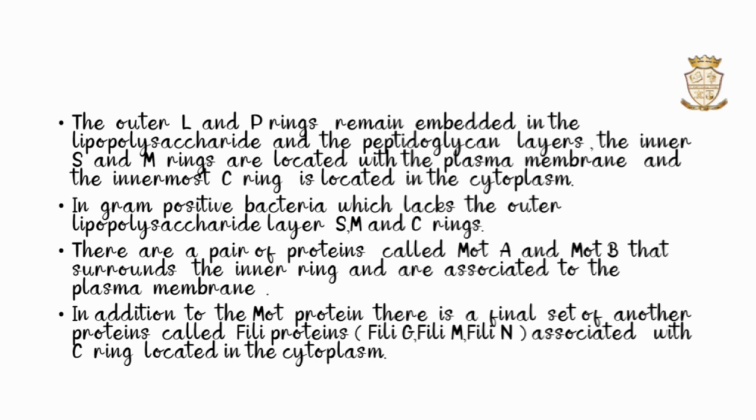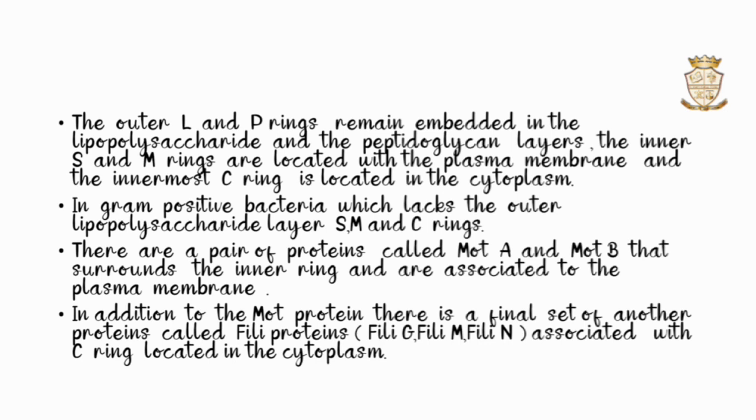In addition to the Mot proteins, there is a final set of other proteins called Fli proteins. FliG, FliM, and FliN are the most important Fli proteins, different types of Fli proteins that are associated in the flagella.